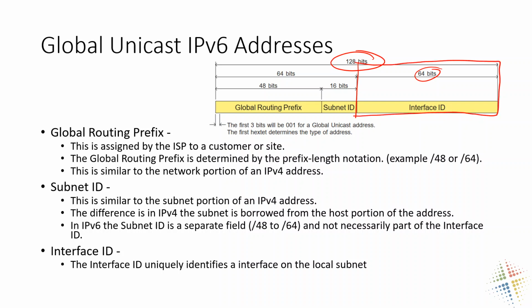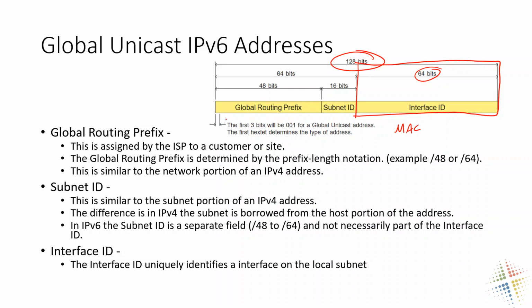The interface ID is basically what you would see in the IPv4 realm as the host portion of the network address, or on the data link layer, the MAC address. In some cases, this interface ID is in fact created based off of that MAC address. So the interface ID is individually assigned to each client or each system on the network.